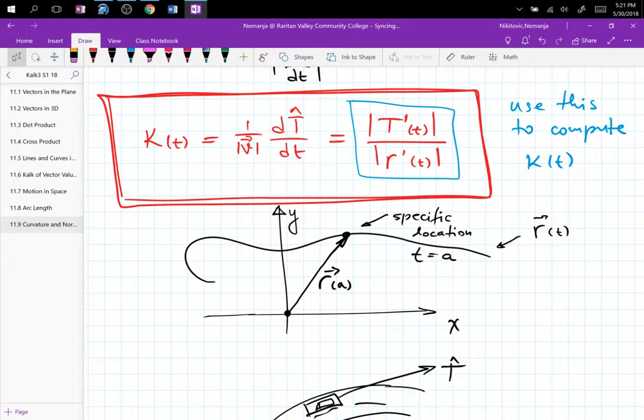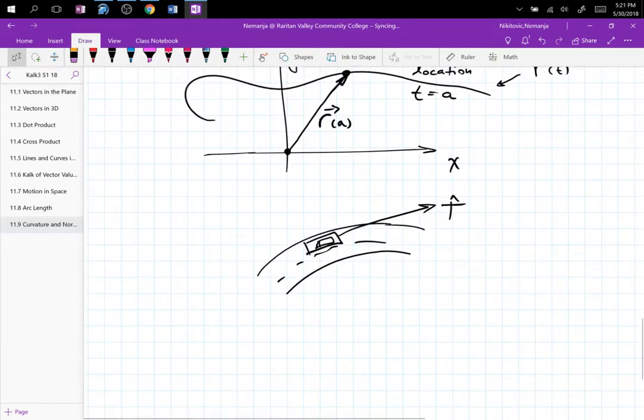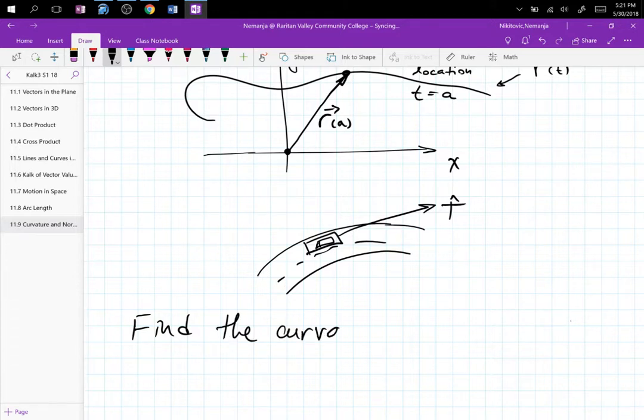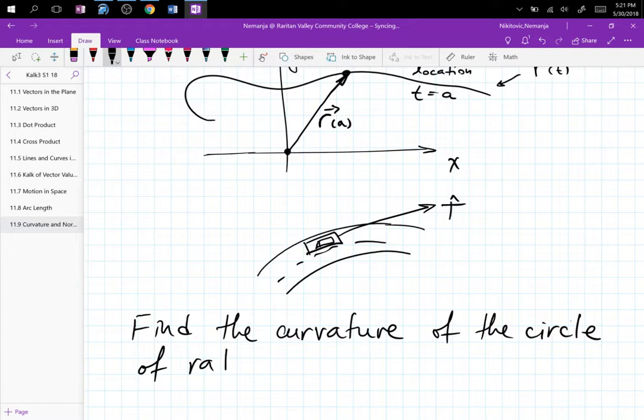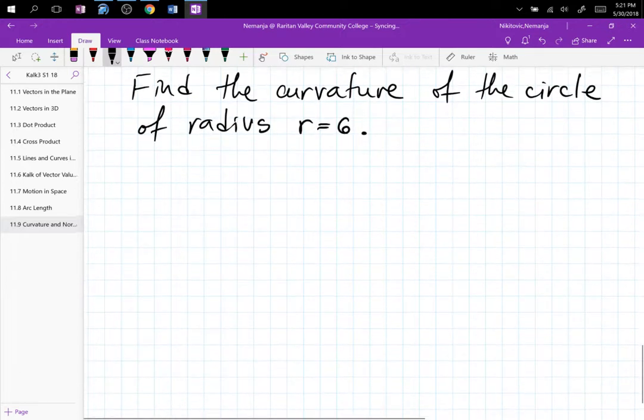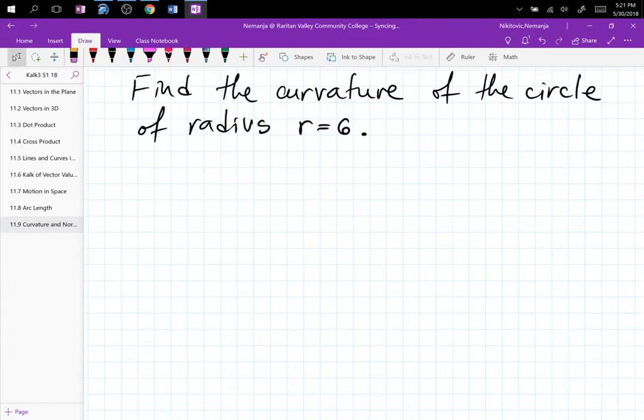So let's find the curvature of the circle. That would be the first thing to do. You have the formula, so I'll just give you the problem: find the curvature of the circle of radius 6. R equals 6. So you know that you are supposed to parametrize this, right, to get your r, and then figure out the rest of the ingredients that you need.